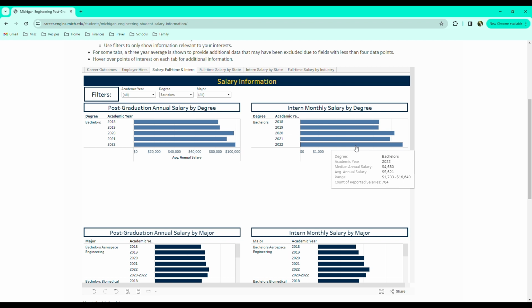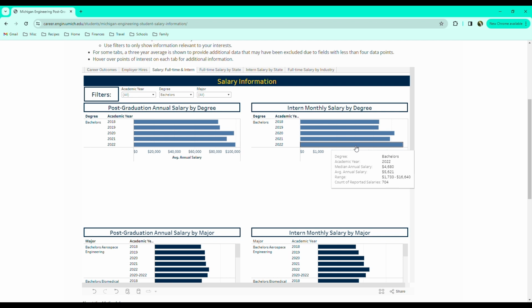If you divide this 4680, if you multiply that into an annual salary and then divide it into hourly, you're getting about $27, which is a pretty healthy number. That is higher than I've seen at some other schools, and definitely something that you can consider when you're looking at the price of a school.